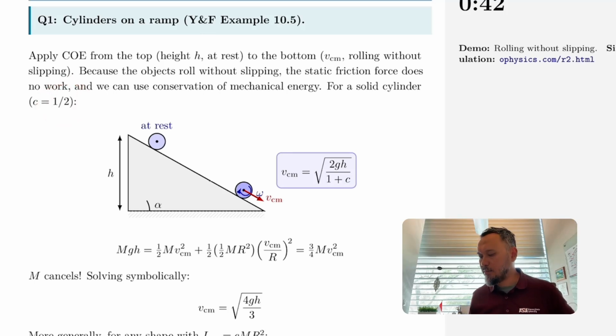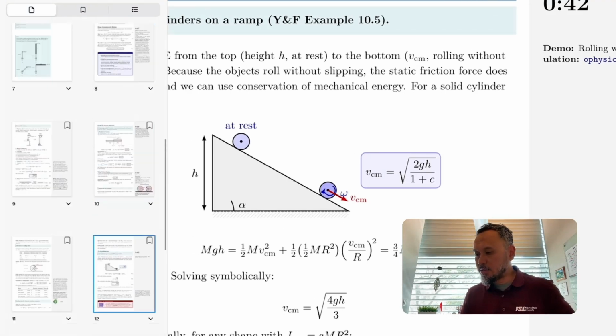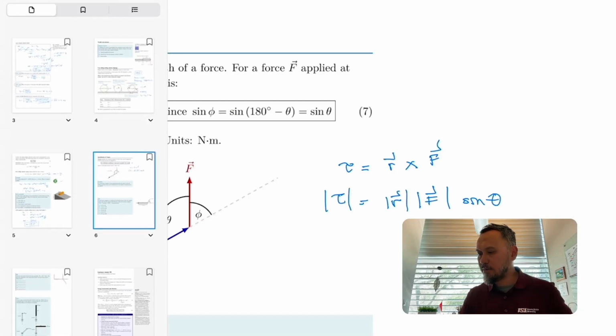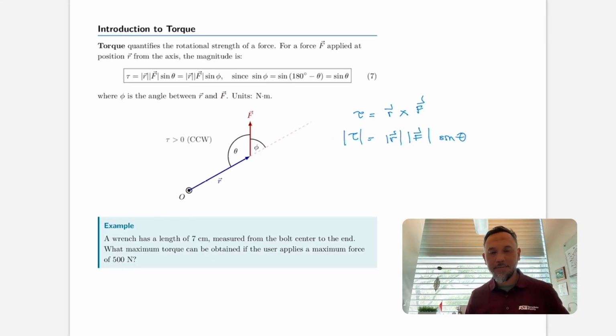Then we get c for cylinders. All right, so that's rolling without slipping. Now we move to torque.